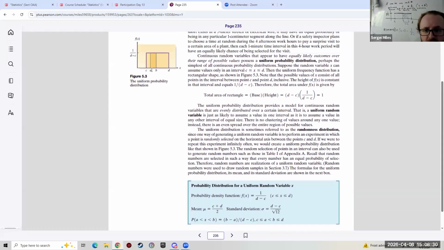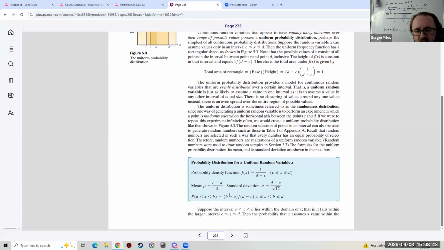Find the base of this rectangle, that's B minus A, times the height, which is 1 over D minus C. Well, that's a fraction. When you multiply B minus A times that fraction, B minus A is just in the numerator of this fraction. And so this gives us the same calculation that we had here on the board. All right. And so we can find the probability for any uniform continuous random variable using this kind of thought process.